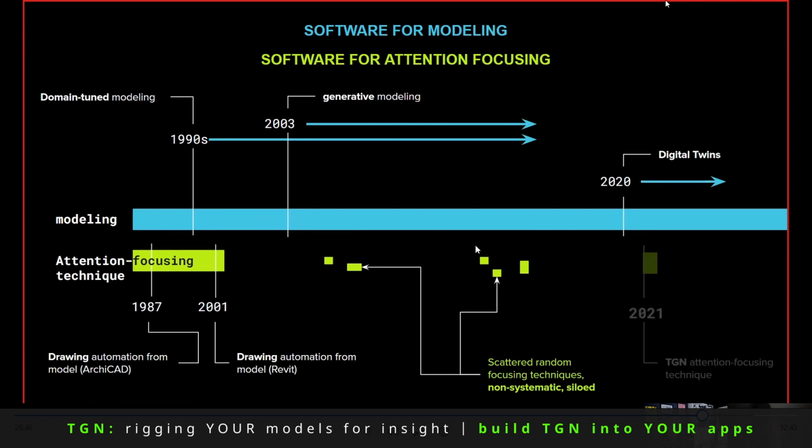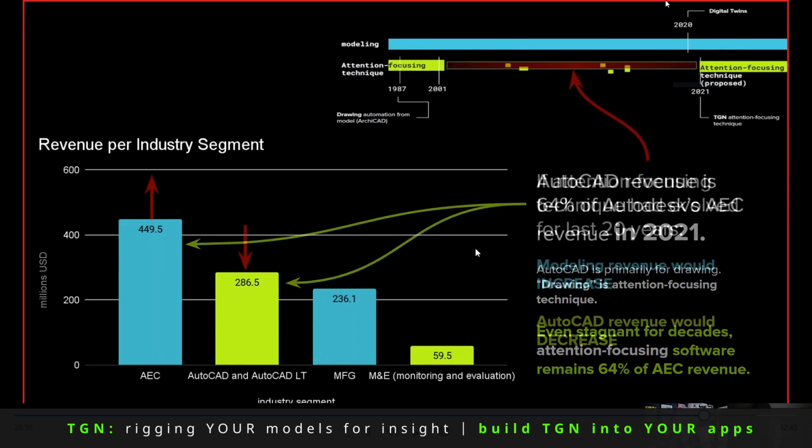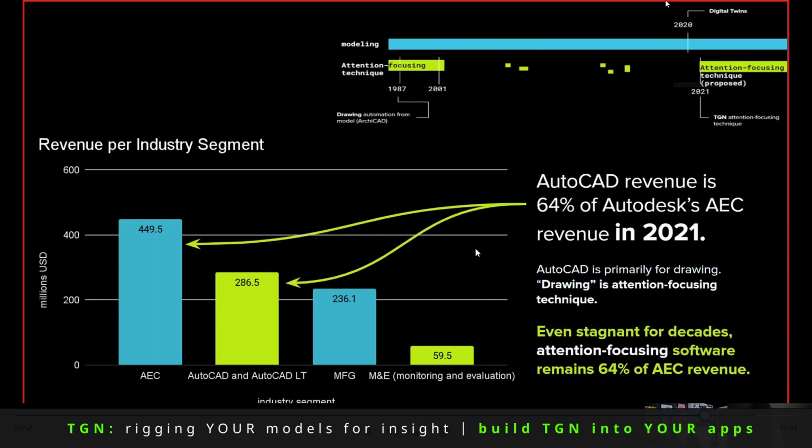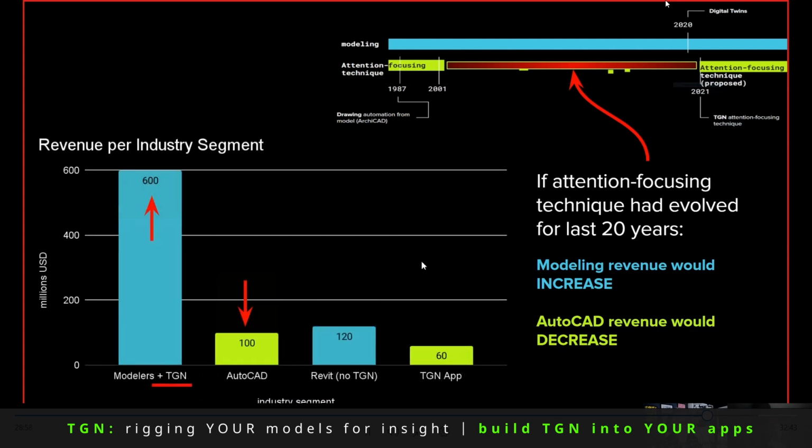This is what we want to see happen. With TGN in the world, we're going to see increased utilization of modeling applications. So I just stole this financial data. I didn't steal it, right? It's on the web. Autodesk's financial report for January 31, 2021.